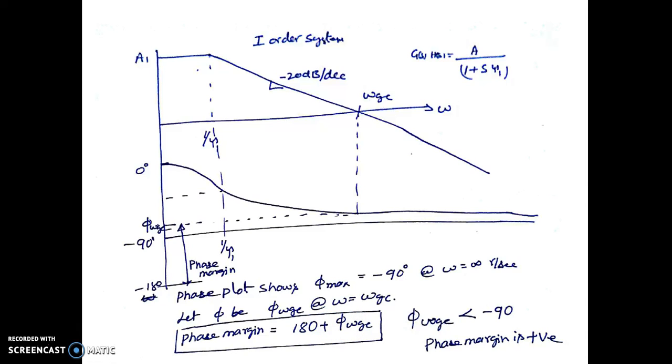Now phi of omega gc corresponds to the phase for a frequency of omega equal to omega gc. As we know, this phase can never be lesser than minus 90 degree, so it may be around minus 80 degree, minus 55 degree, minus 60 degree. So always this phase margin happens to be positive in nature.